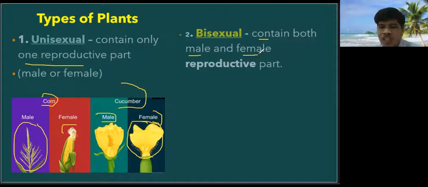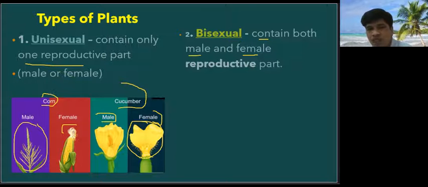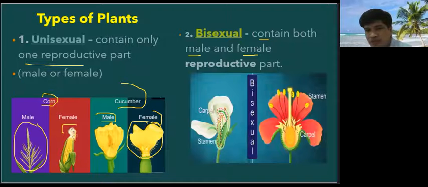Bisexual is the same as complete flower, meaning you can find both the pistil and the stamen in one flower. They're called perfect or bisexual flower. Example, this flower. We have the stamen, and then we have the carpel or the pistil.